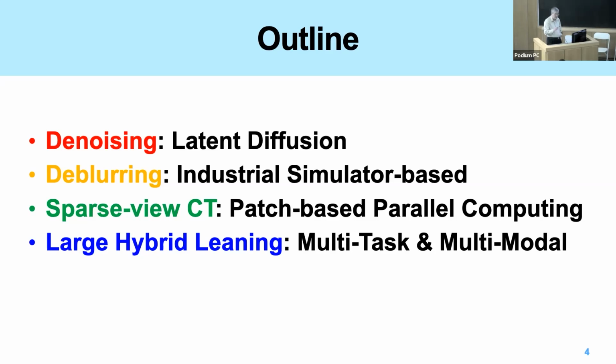First three are adaptations or applications of the diffusion model. The last one, and Chuang's main work, is the large hybrid model. Hybrid means image and text combined, or visual linguistic models. And so we do that part very seriously.